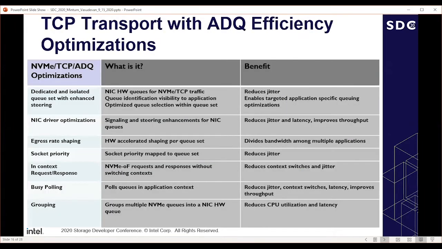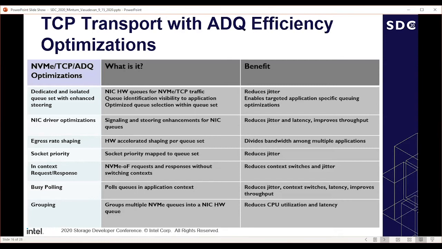So like Dave said, let's dig a little deeper into the NVMe TCP transport and the specific ADQ efficiency optimizations that are brought to bear on it. The table shown on the slide provides some more details on these optimizations.